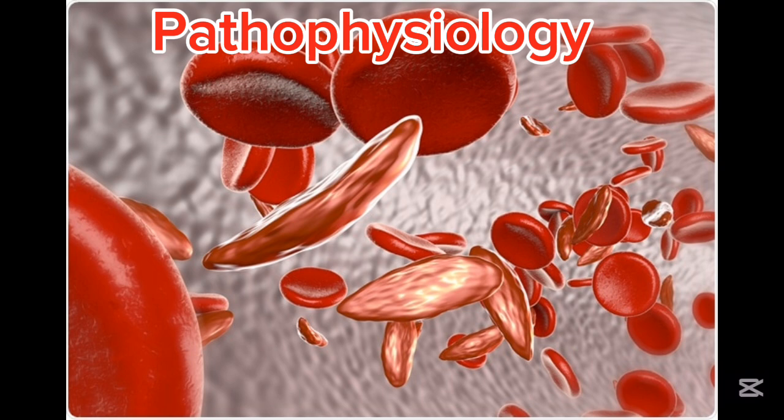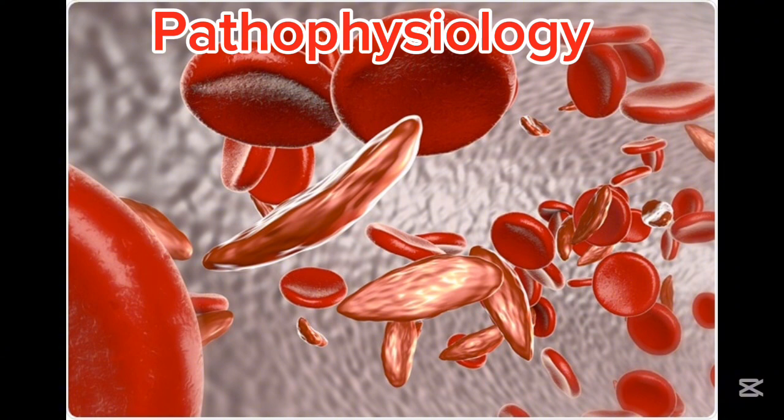And these have a shorter lifespan, because red blood cells are supposed to last for 120 days, but for them it's mostly 20 days. So these lead to hemolytic anemia, and repeated sickling causes chronic inflammation, organ damage, and pain crisis.